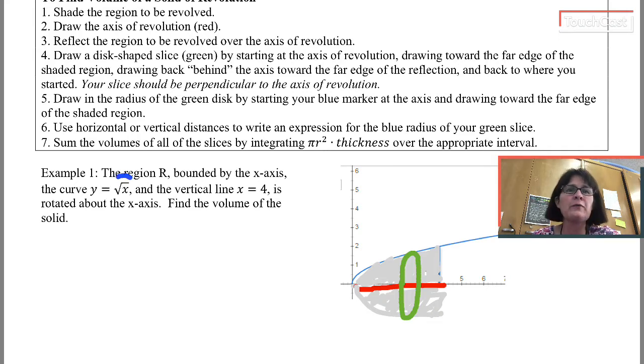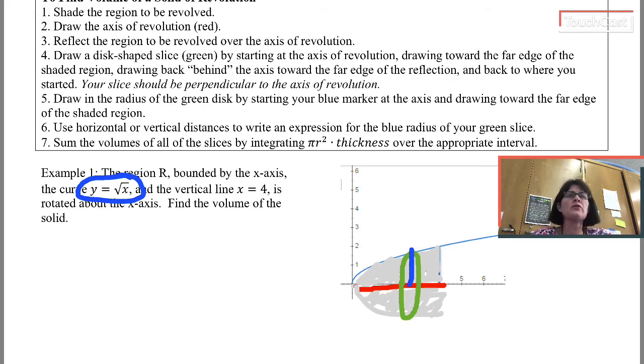So the only curve I really have in this problem is y equals square root of x. So I'm going to start my pen in the center of the green disc, and I'm going to draw toward the curve y equals square root of x. Okay, that's my radius. That's what I need an expression for.